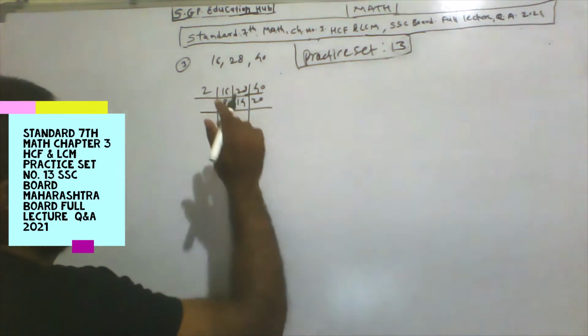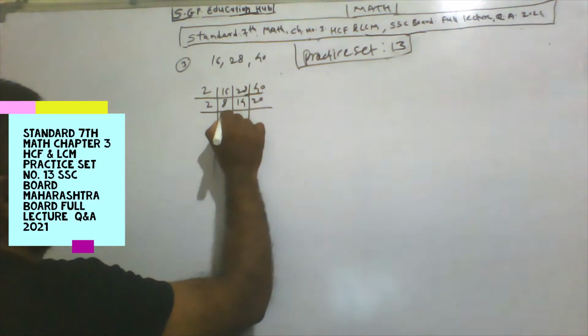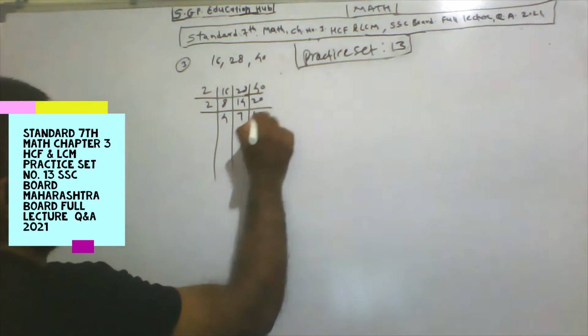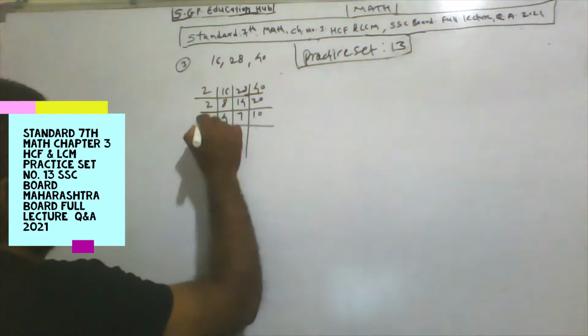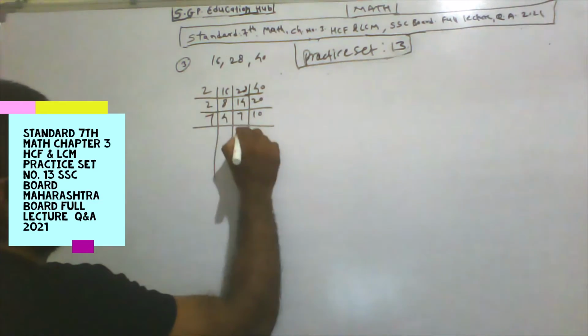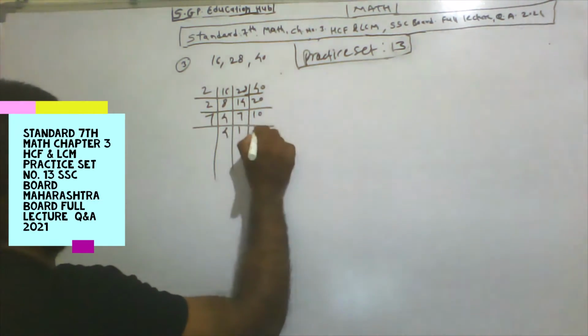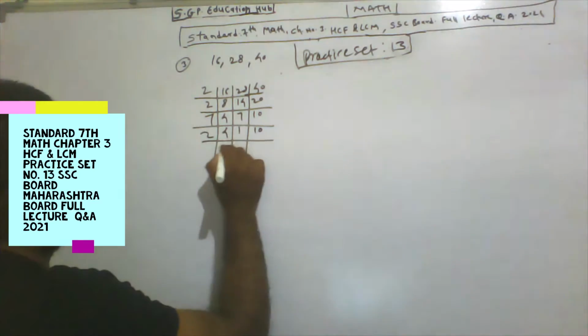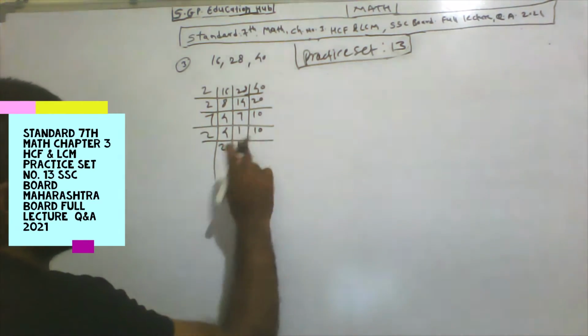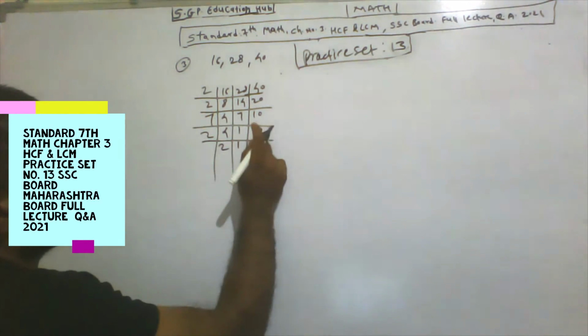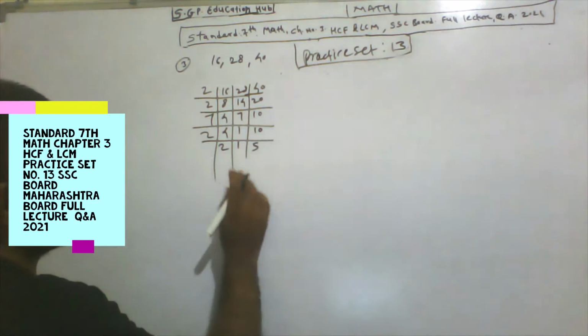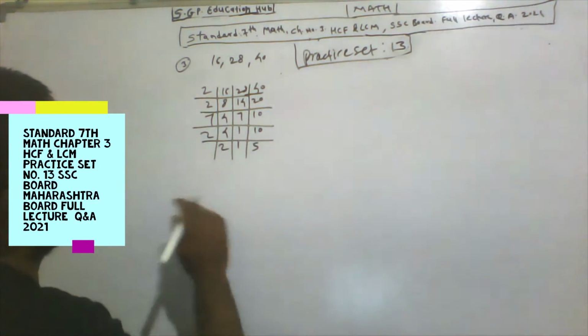These are also even numbers. 2 fours are 8, 2 sevens are 14, 2 tens are 20. 7 is a prime number, so 7 ones are 7. Then 2 twos are 4, 1 is always remaining here, 2 fives are 10.